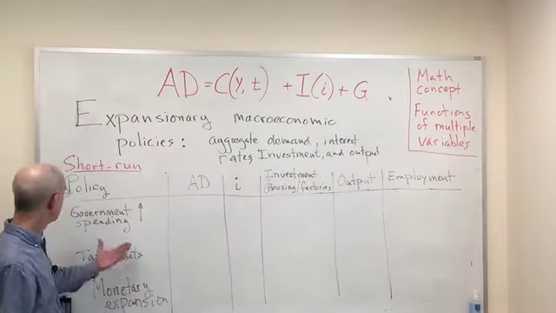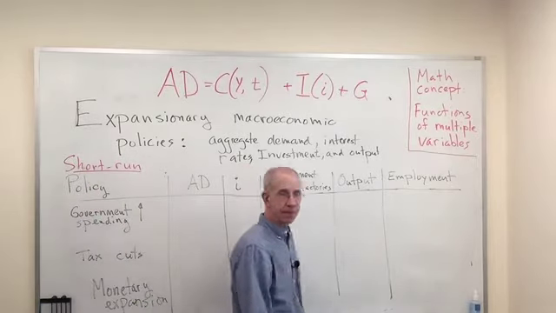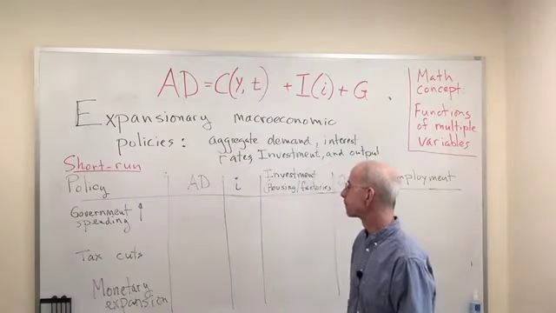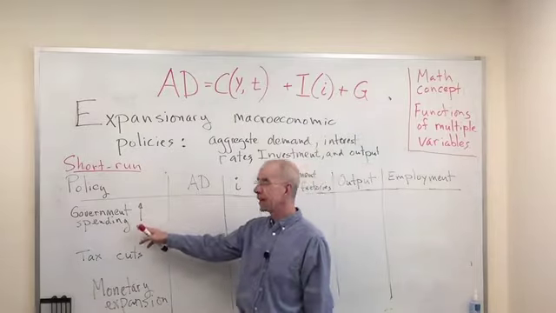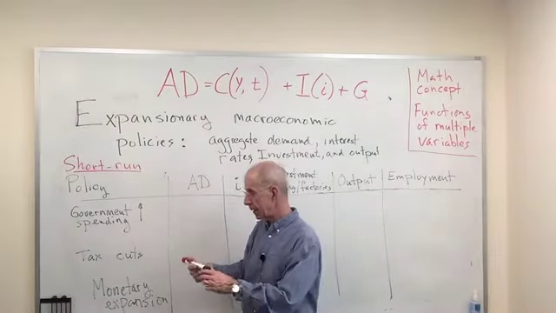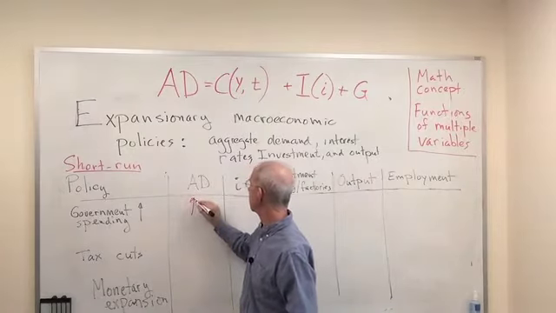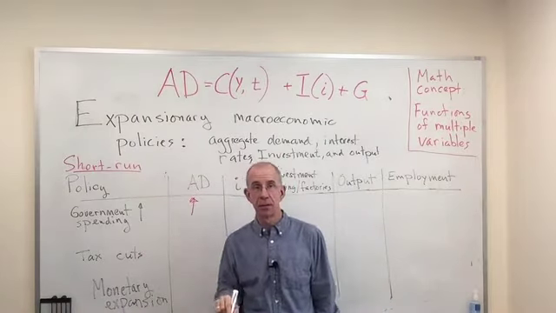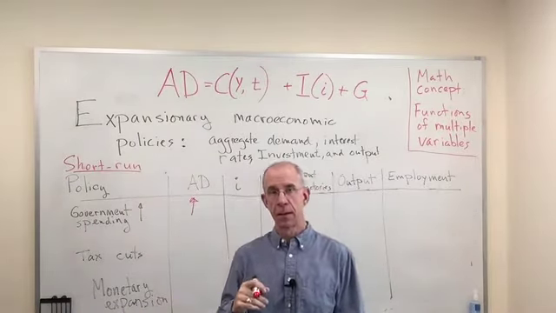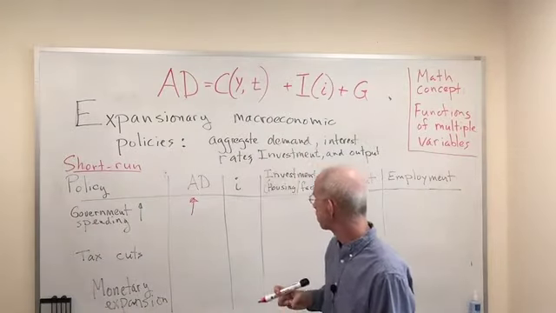We're going to be doing this step by step. Let's say that we have an increase in government spending. That will tend to result in an increase in aggregate demand directly by the government.